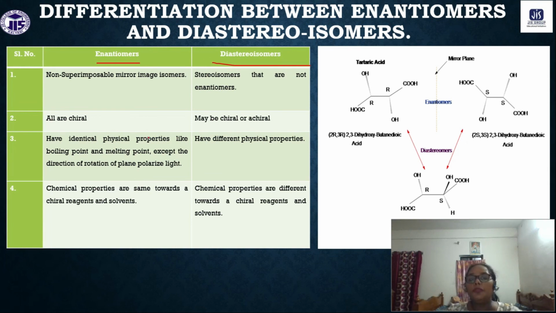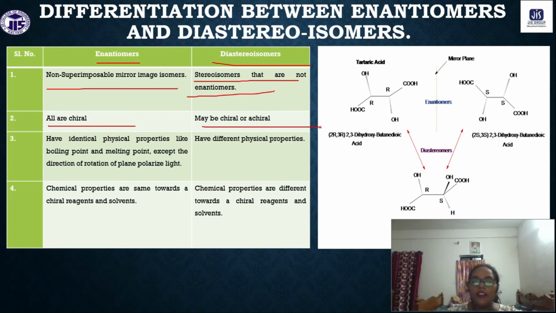Now enantiomers are non-superimposable mirror images, we all know. But diastereomers are stereoisomers that are not enantiomers, that means stereoisomers which are not mirror images at all. They may be chiral or may not be.